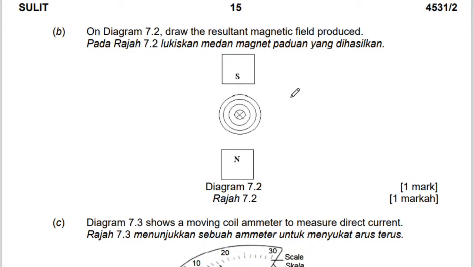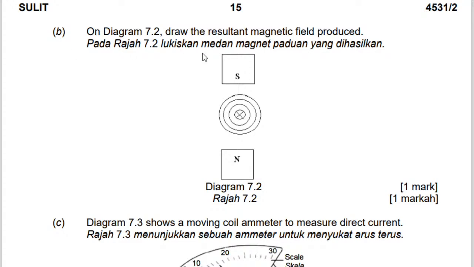So I made a video on drawing the resultant magnetic field. You can look at my Fun Physics World video. I made a video for this in very detail lah. I believe if you watch the video betul-betul, you should be able to draw the catapult magnetic field.